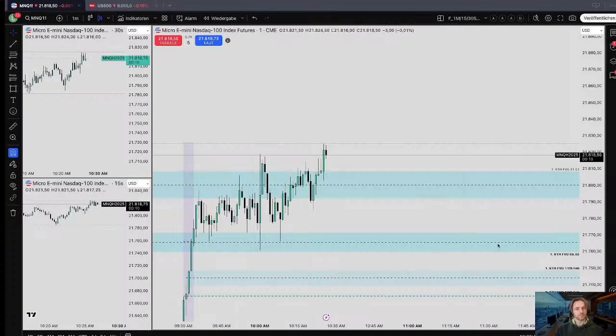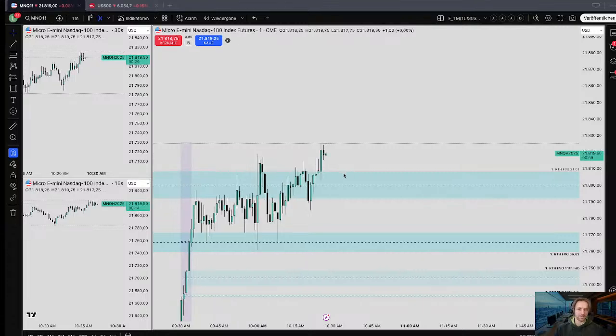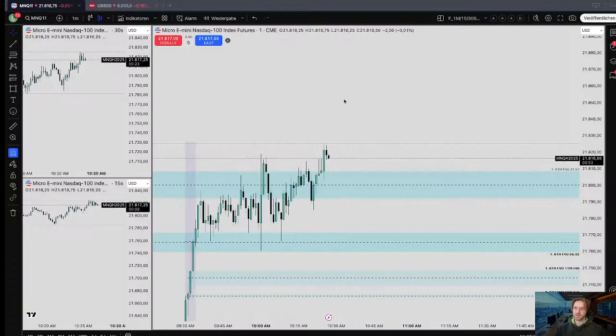There we go, we closed above. And now I would like to see it coming down to the real-time alpha value gap of the last day of January, bouncing away from it on the high, and then it could possibly hit my level.